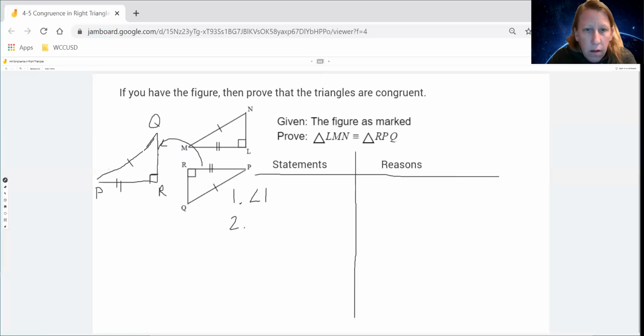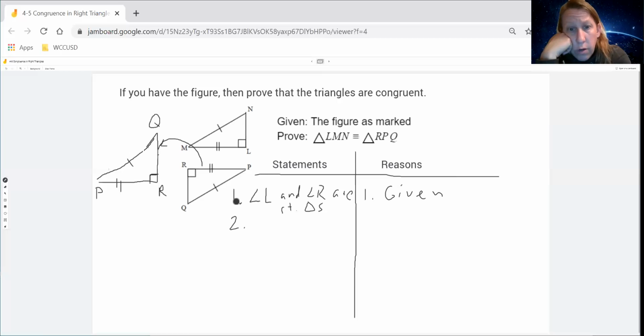Angle L and angle R are right angles. Okay, that is given to me in the picture. They have the little box in the corner, so I know they're right angles. Okay, this next one is the one that's a little different. So notice I didn't say that they were congruent. Are they congruent? Yes. Do I need that in my proof?